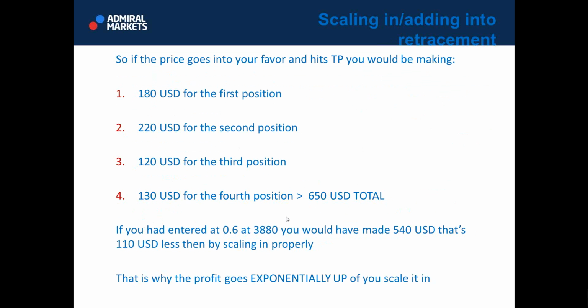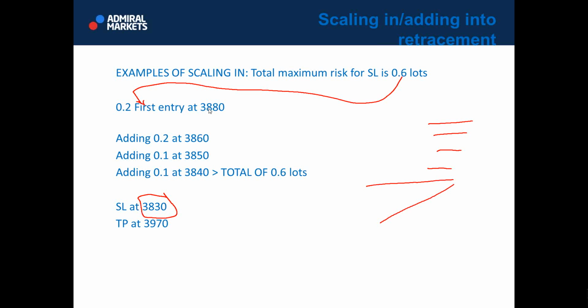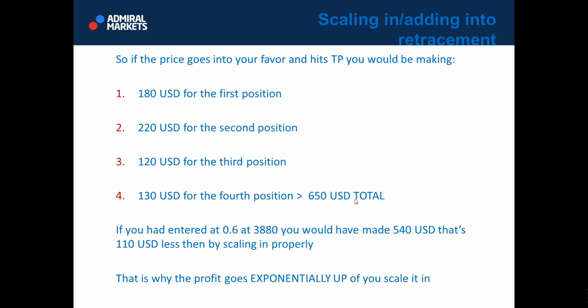Okay, that is clear. Now, if you had entered 0.6 at 38.80, how much would you have got? You would have made $540, and that's $110 less than by scaling in properly.